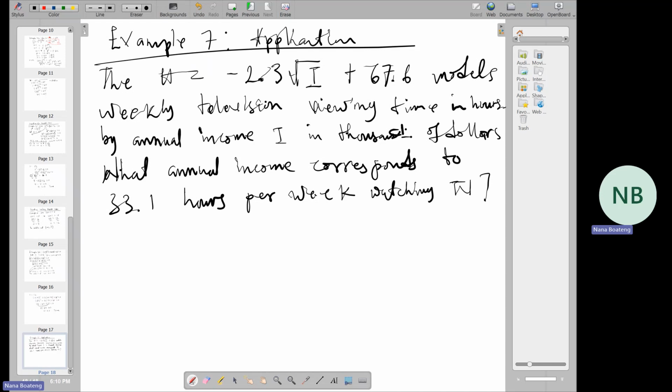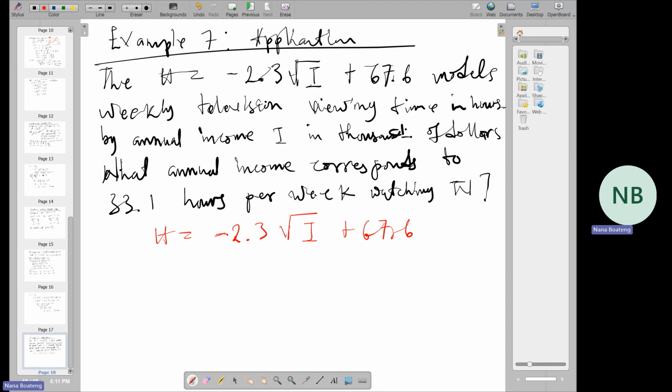All right, so we are told the relationship between television watching in hours and income is h is equal to minus 2.3 square root of I plus 67.6.